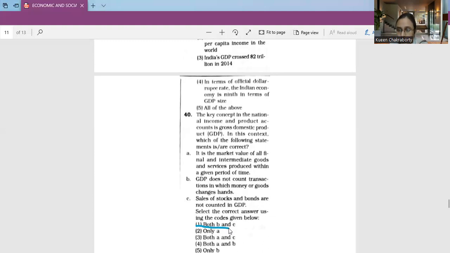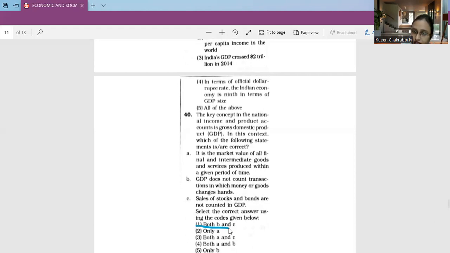Now coming to the discussion of this, why am I choosing this? GDP is the total market value of a country's output. We all know this, that is gross domestic product. It is the market value of all final goods and services produced within a given period of time by factors of production located within a country. Many goods produced in the economy are not classified as final goods, but instead are considered intermediate goods. Intermediate goods are produced by one firm for use in further processing by another firm.